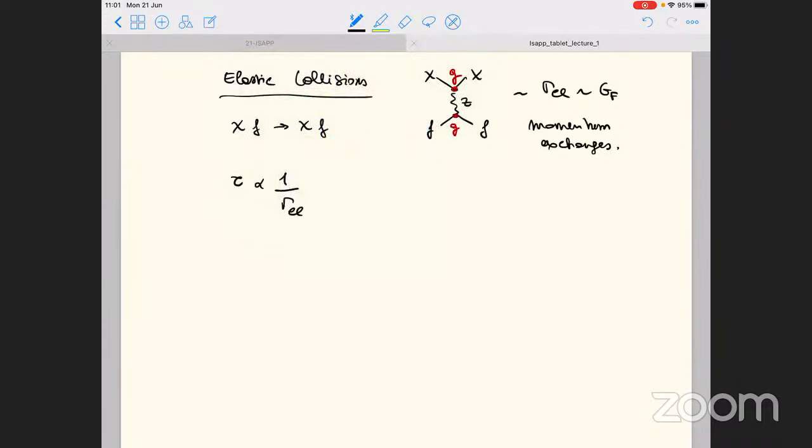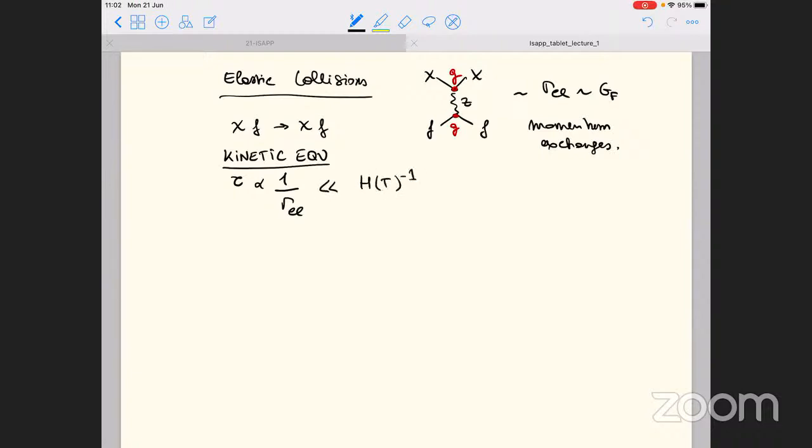So I'm going to be able to have kinetic equilibrium, or thermal equilibrium, or local thermal equilibrium, when the relaxation time, that goes as 1 over the rate of elastic collision, is much smaller than the expansion rate.